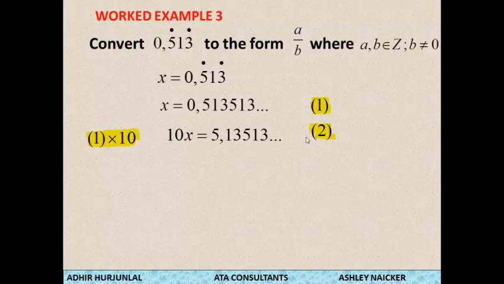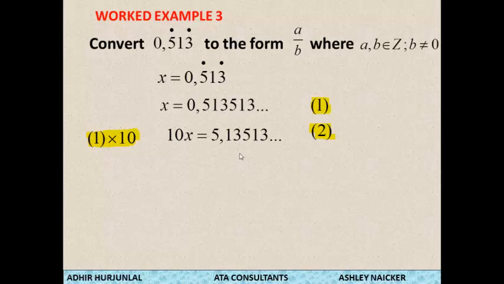Next step, I'm going to try to subtract. Automatically, or as you get used to this, you would know when to subtract and when not to subtract. Immediately after the decimal comma is not the same as after the decimal comma up here in equation number 1. Subtraction will not work.